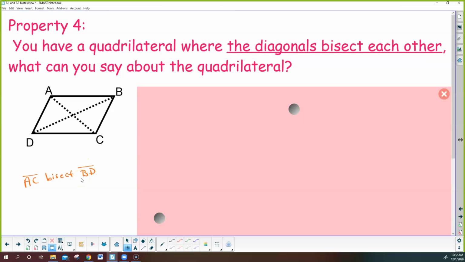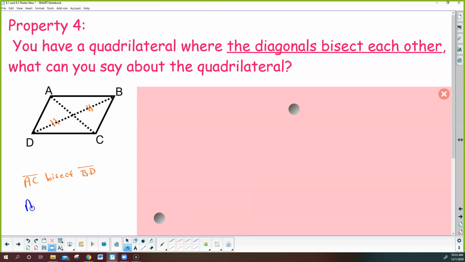Now this comes up on the proofs, and a lot of students make mistakes here. If AC bisects BD, that means that the line AC is cutting BD into two pieces. So if I'm using this statement, AC cuts BD into two equal pieces.